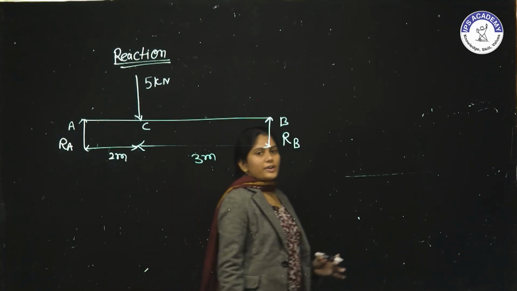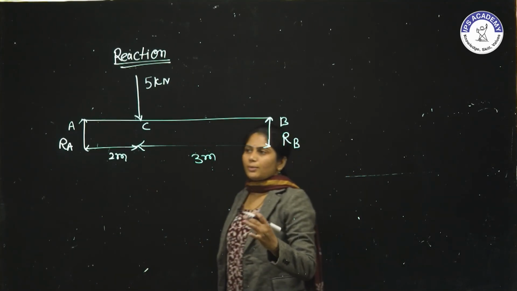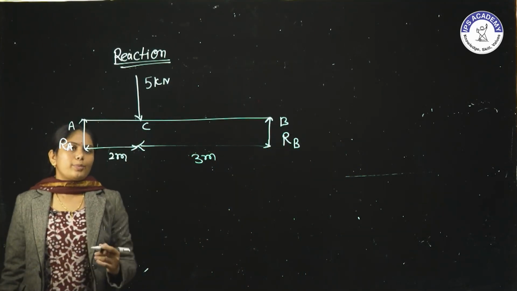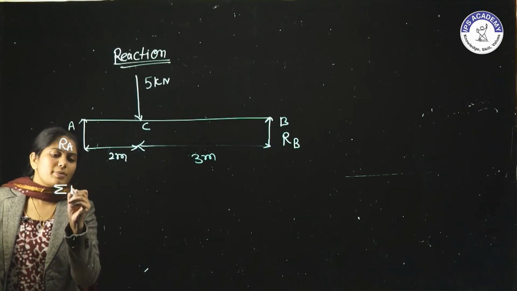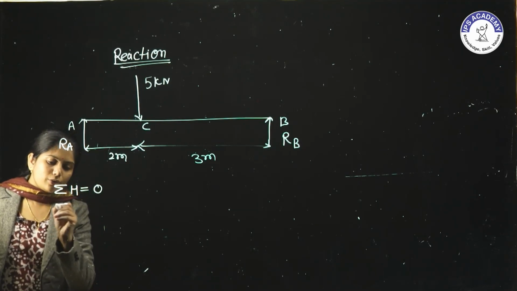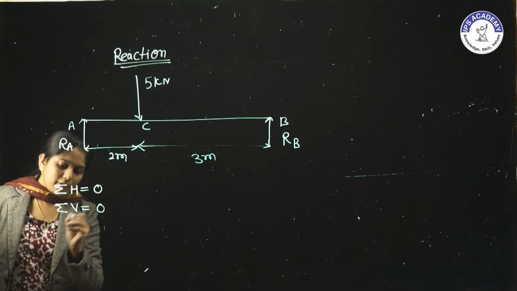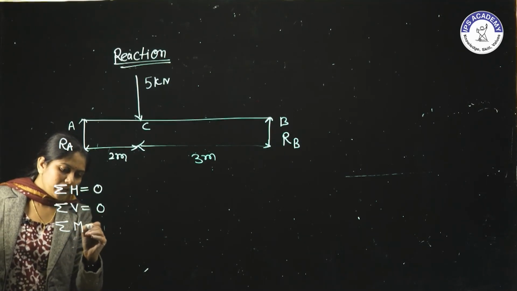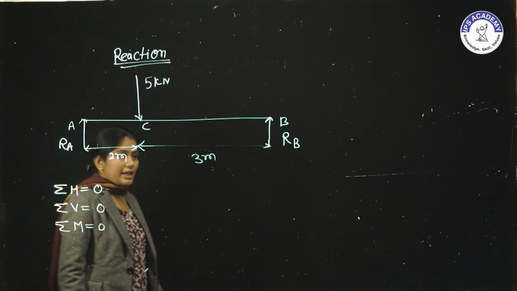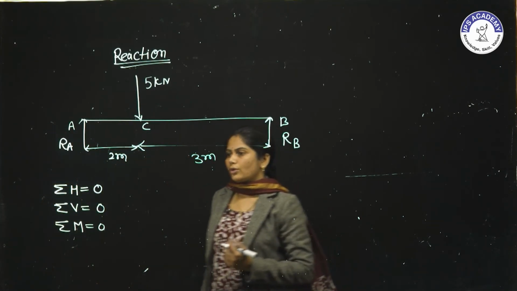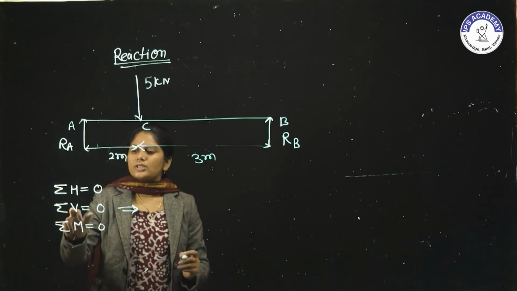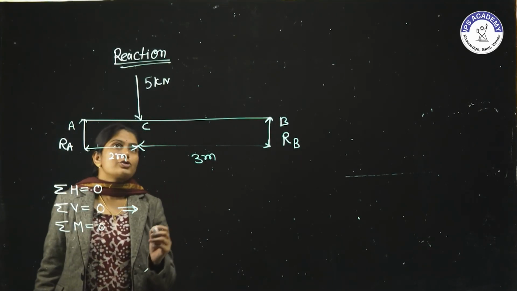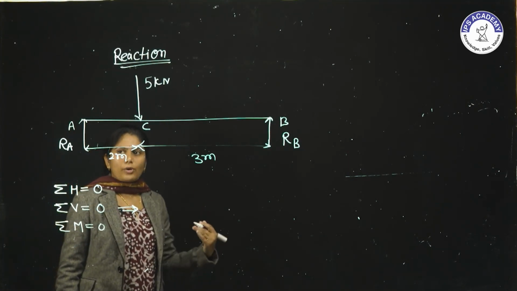Here load is vertical, so support reactions will be vertical, RA and RB. We have three equilibrium conditions: summation of H equal to 0, summation of V equal to 0, summation of M equal to 0. Here there is no horizontal load, so we will use summation of V equal to 0. So upward load equal to downward load.